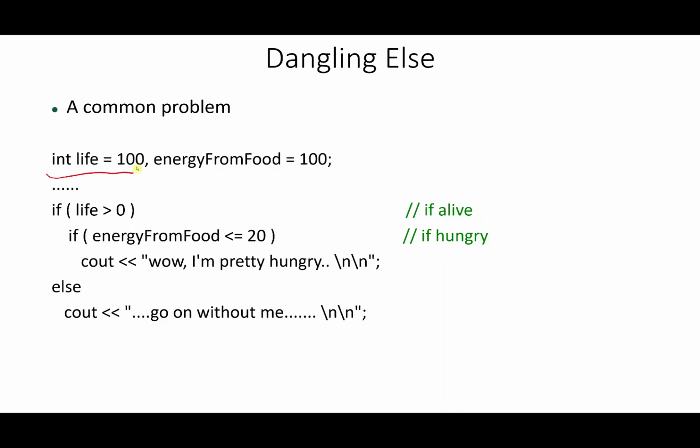Here is int life equal 100, energy from food equal 100. So, looking at this code, I see that if life is greater than 0, do this, and now, wait a second. We said that if you don't have brackets, then the next line, or to be more accurate, the next statement that follows the if statement is going to be the true block, right?